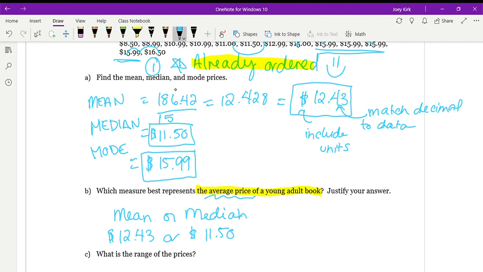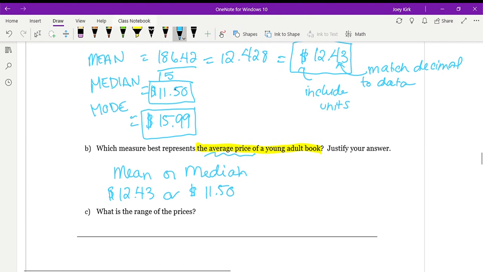And I'm just looking here. So justifying our answer, oops, my goodness, it's a different type of pencil. Justify your answer, well, the mean and the median are both closest to the average. The mode doesn't always tell us the average, okay?